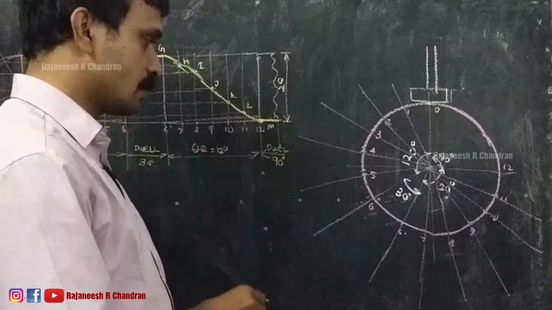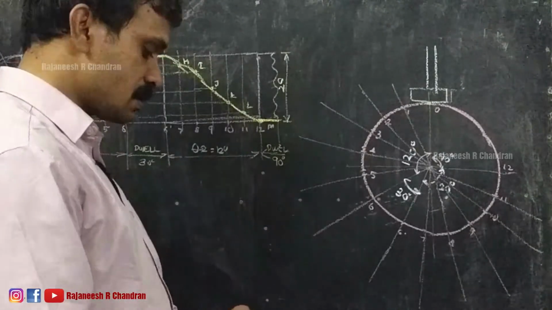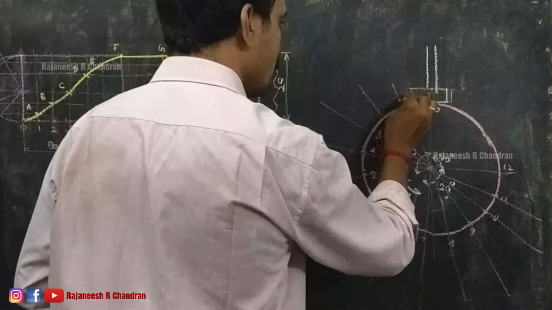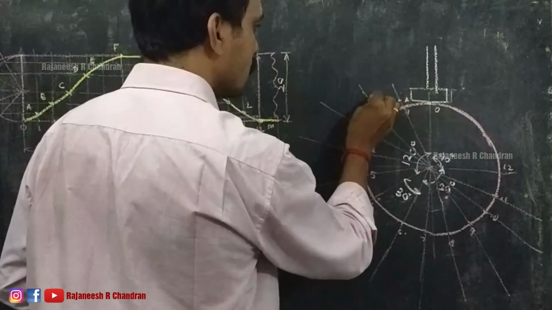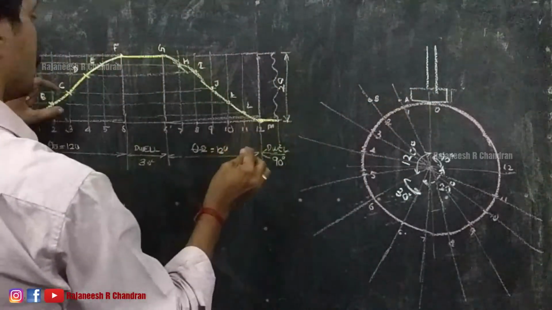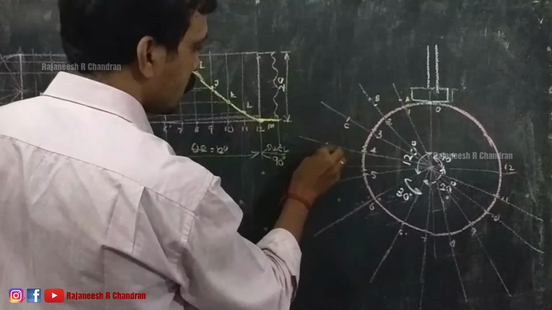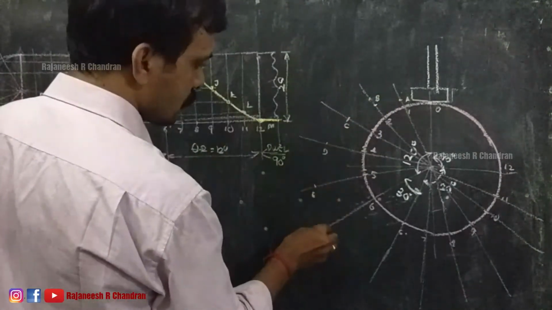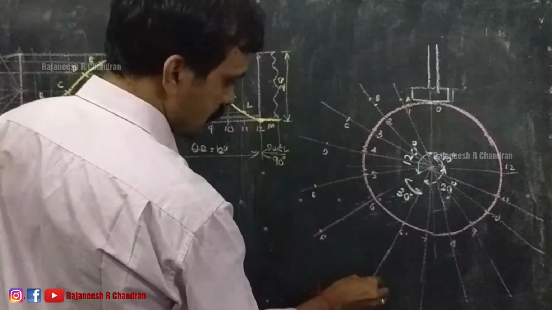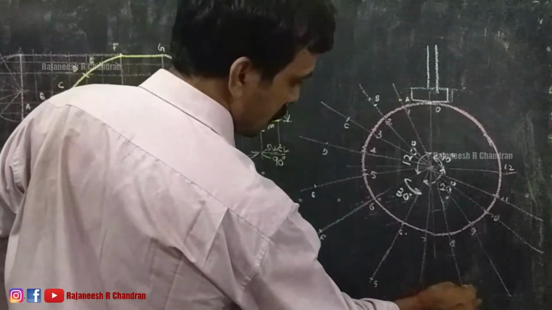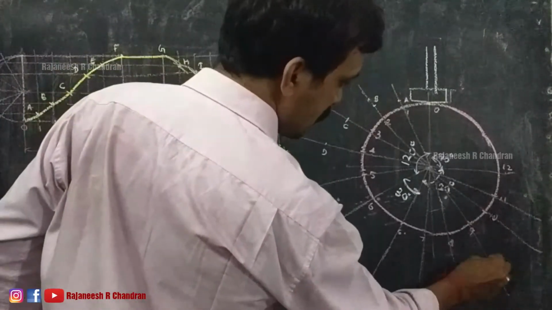Completed. Now the next step, as you all know, take 1A and mark here, so this is our A. Take 2B and mark here, so this is our B. Take 3C from here, mark here. 4D, 5E, 6F, 6G, 7H. 7H means this height. Then 8I, 9J.